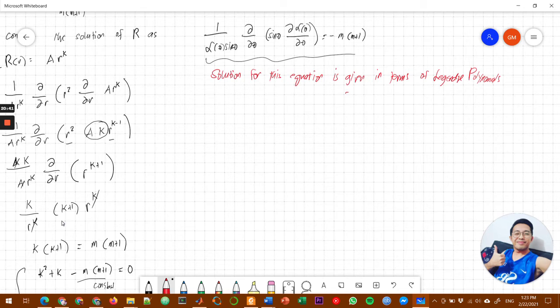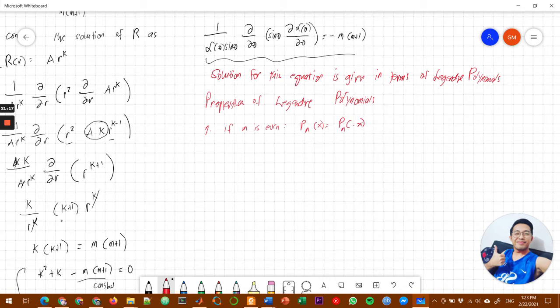And Legendre polynomials have properties. So the first property is if m is even, then we have this property for the Legendre polynomial. It's the same.